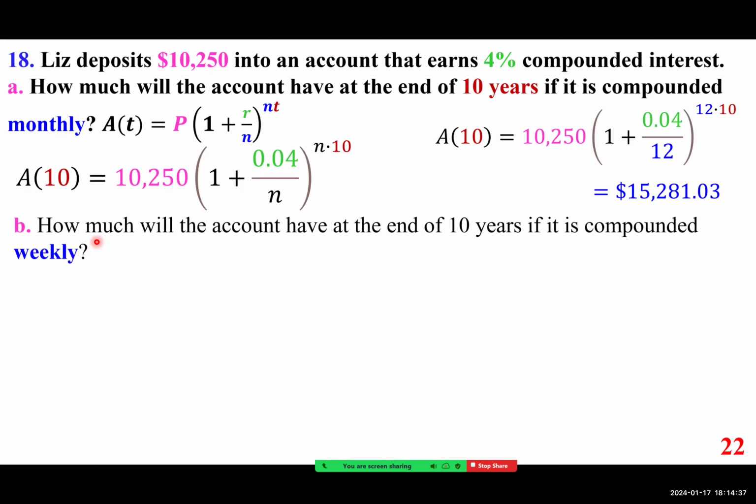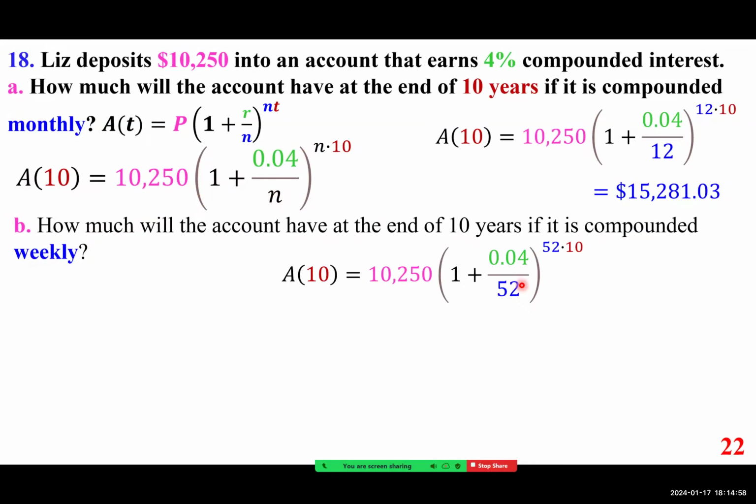Same question, but this time it's getting compounded weekly. So when we go back to this equation, everybody, weekly N will be 52. N will be 52. Let's plug in. And again, you just put it into a calculator.